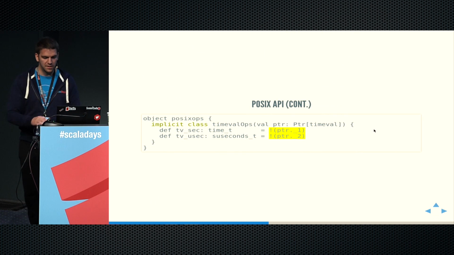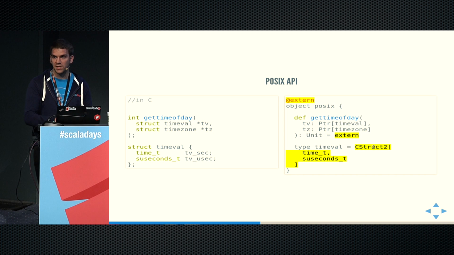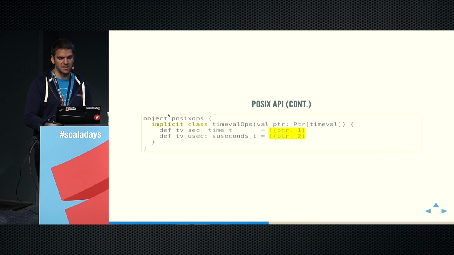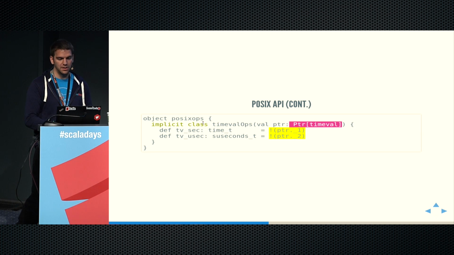All right. On the previous slide, we saw that with CStruct, we can define the type of the fields, but we cannot define the name of the fields. Like here, you have the type and the name. To define the name, we can use this implicit class here. We will augment a pointer of timeval to be able to fetch its different fields.